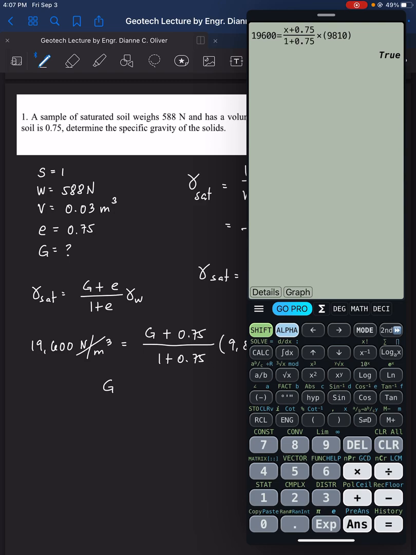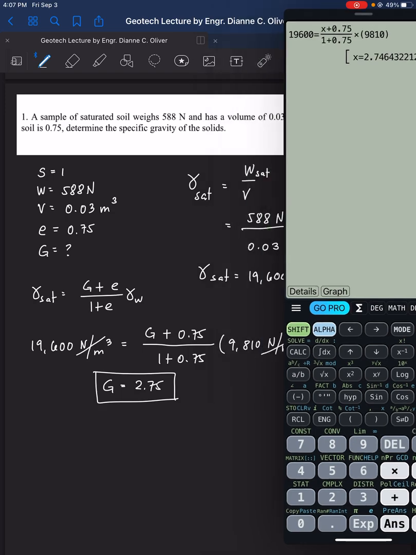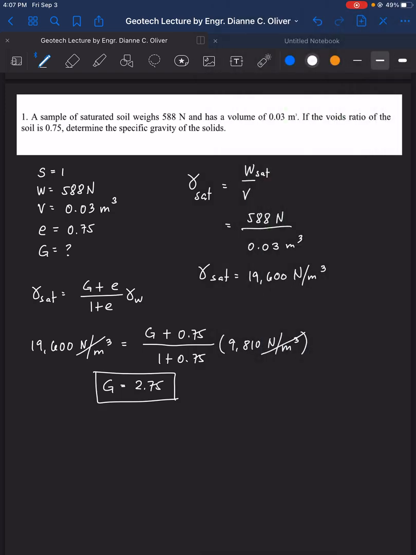It should be shift solve, right? Okay, so x is equal to 2.75, or in our sample we have G is equal to 2.75. Okay, so that's the specific gravity. That's for number 1.